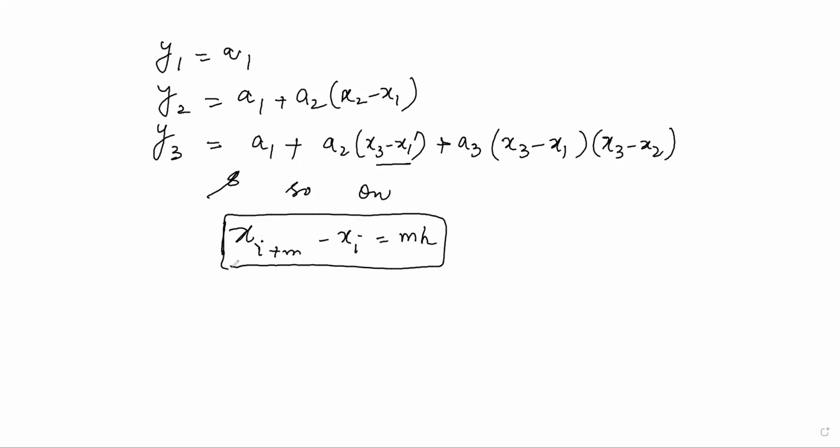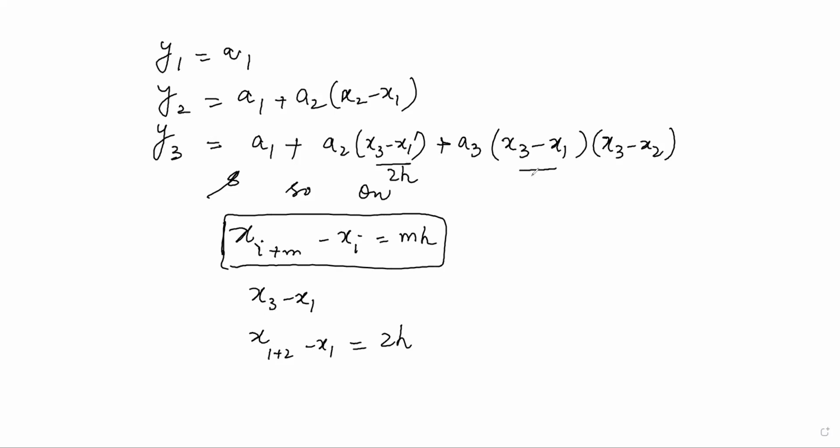Based on this expression, we can write x3 minus x1 as x(1 plus 2) minus x1 is equal to 2 times h. This is m into h, so you can write this as 2h.